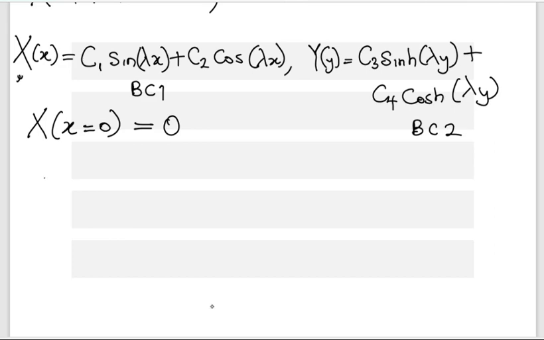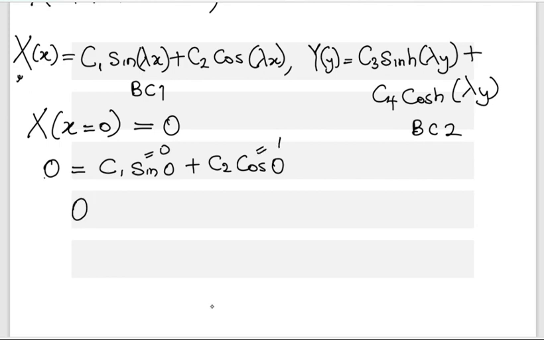Okay, so let's put that in this solution. We have 0 is equal to c1 sine 0 plus c2 cosine 0, and sine 0 is 0 and cosine 0 is 1. So we have that 0 is simply equal to c2 times 1, which implies that c2 is equal to 0.